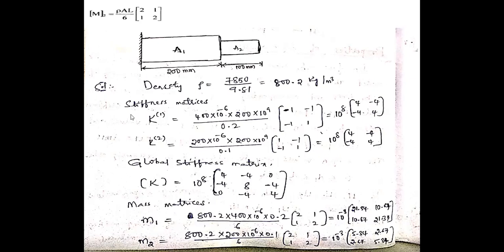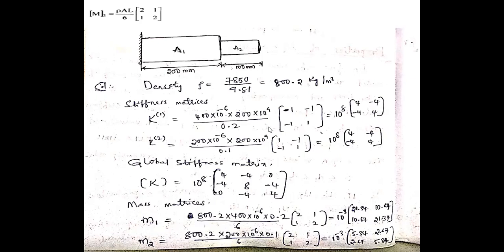Let us solve for the global stiffness matrix as well as the global mass matrix for the stepped bar. The first element, K1, belongs to the A1 area. Its stiffness matrix is AE by L times [1 -1; -1 1].